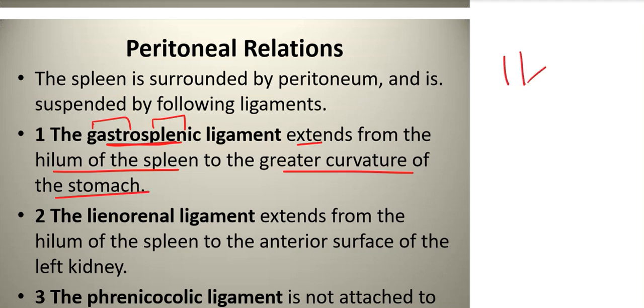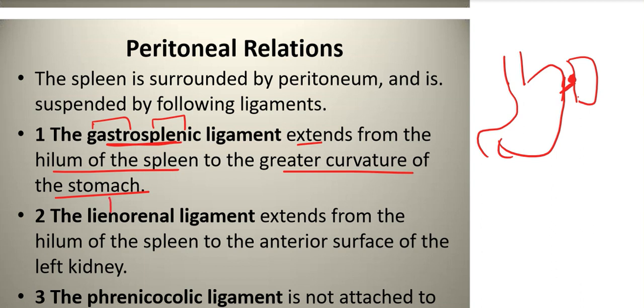This is the stomach and this is the spleen. This is the hilum of the spleen and this is the greater curvature of the stomach. So between the greater curvature of the stomach and the hilum of the spleen, there is a ligament called the gastrosplenic ligament.